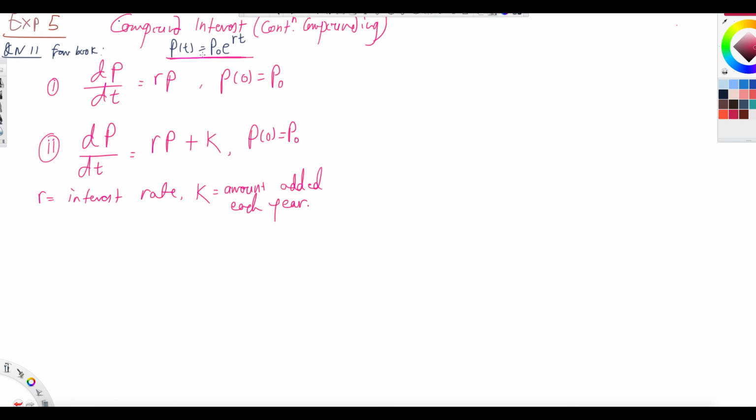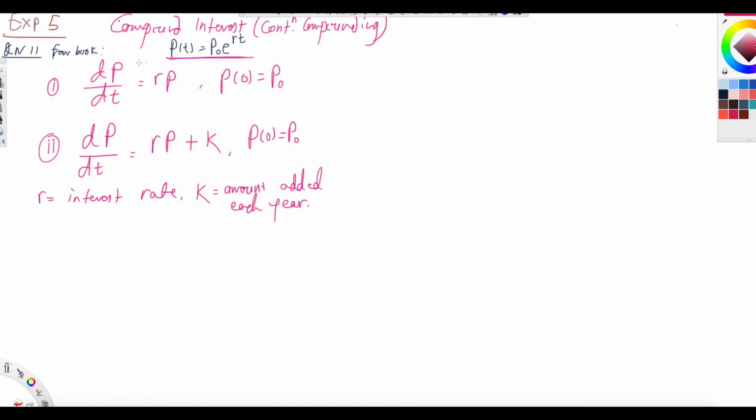But since it is compounded continuously, every second, or every fraction of a second, interest is calculated and added to the principal. So the principal at time T is given by P sub 0, the initial principal, times e to the R times T, where R is the interest rate per year.